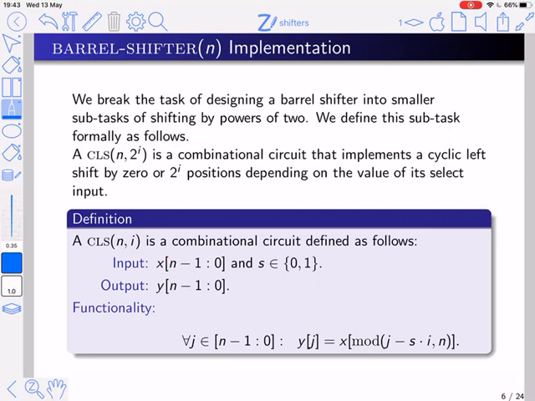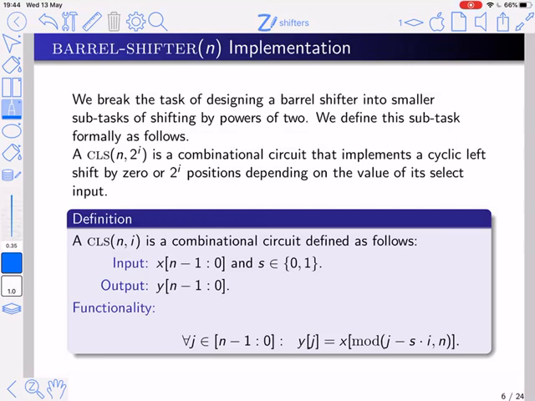So CLS-n-i is a combinational circuit defined as follows. It has an input x and s, which is a single bit. This is your select input. The output y has the same length as x, which has n bits. And the functionality is that yj is going to be equal to x in position mod of j minus s times i, comma n. What does this mean?